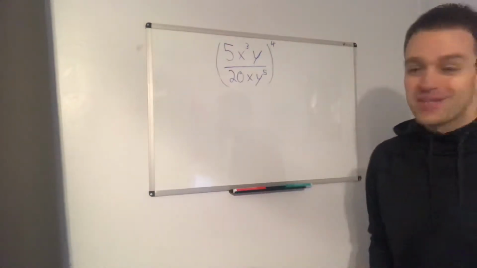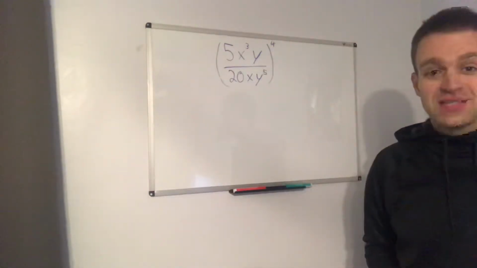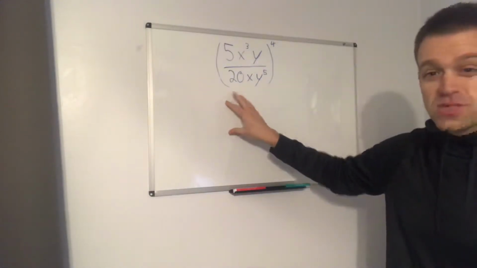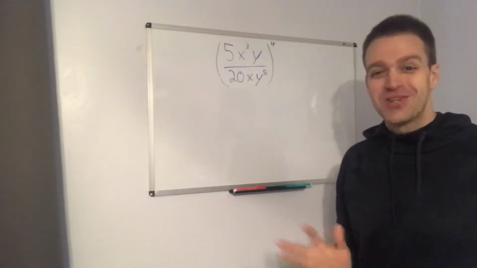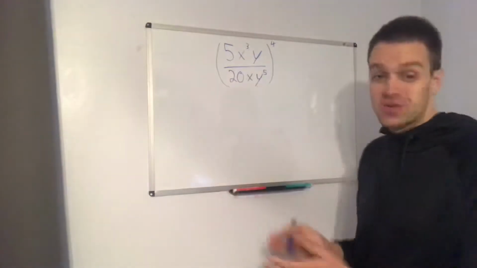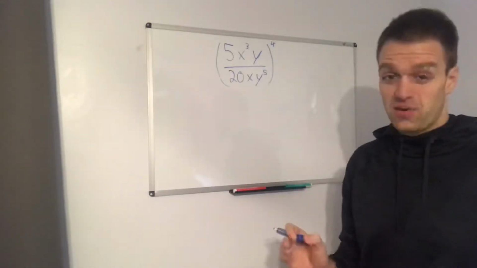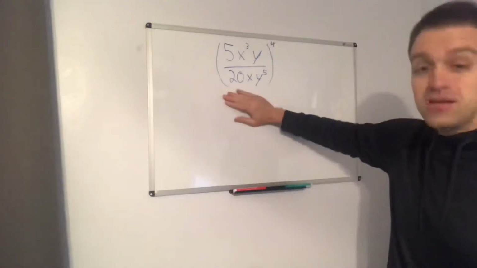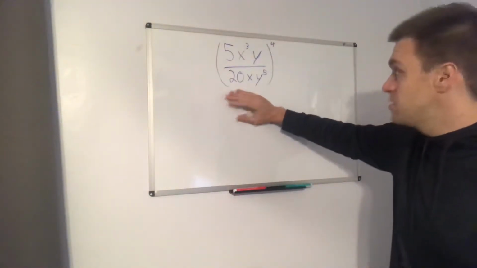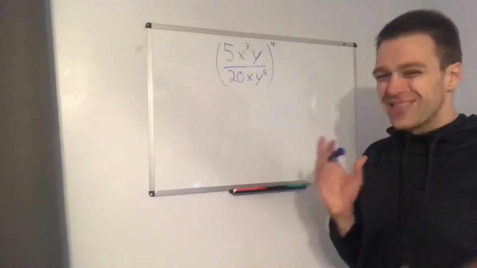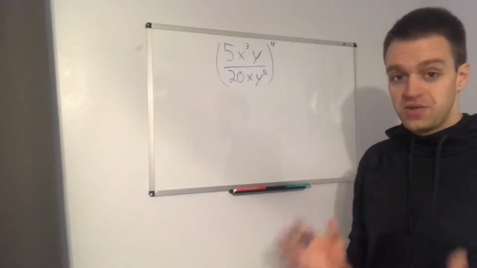So we do have an exponent outside of these parentheses, and the really nice thing about a lot of these exponent expressions is very rarely will our teachers give us ones with addition or subtraction symbols. So when there's addition and subtraction, we have to be really, really careful about order of operations. We still need to be careful and mindful of order of operations, but when everything's being multiplied or divided, we can choose a little bit more when we do things.